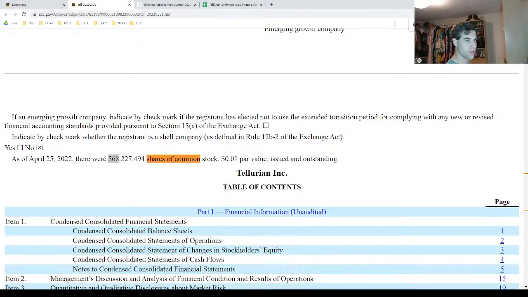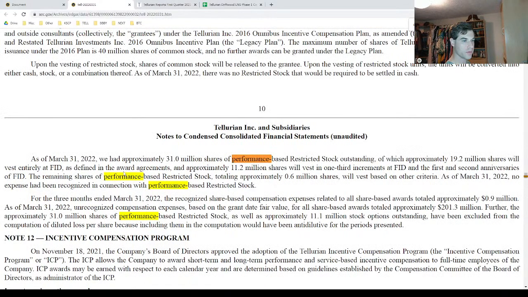They also have about 6 million preferred shares, and the performance-based restricted stock I've talked about a little bit, where as of March 31st, 2022, they have 31 million shares outstanding, basically shares that are going to vest when they hit FID or a year or two afterwards.